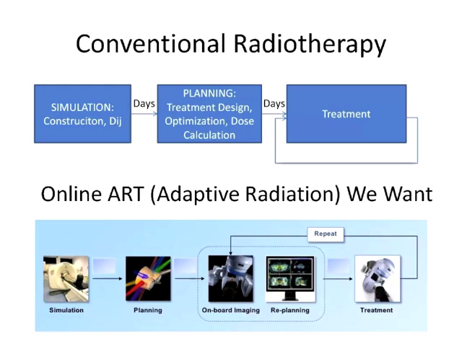Here are some flow charts of how radiation treatment conventionally works. The top one is the conventional one, and the bottom one is the one we want.